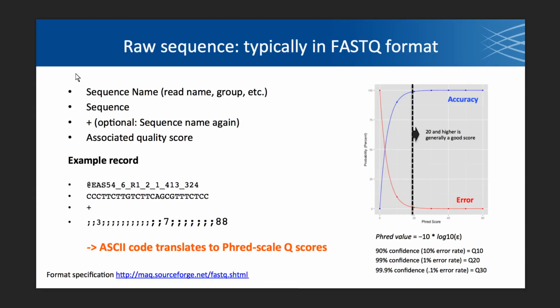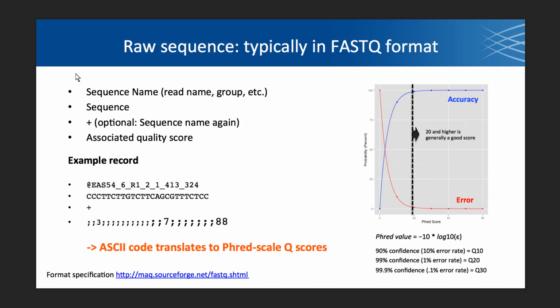All right. So once it's sequenced, we emit this data that includes the sequence name. So the name tells us some information about where this read was found on the flow cell, and what the name of the flow cell is, and the name of the machine, so it's physical attributions of the read, and then the actual sequence, and then something that's very important, and we will talk a lot more about later, which is the associated quality score.